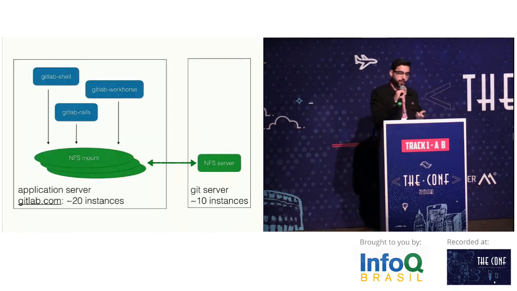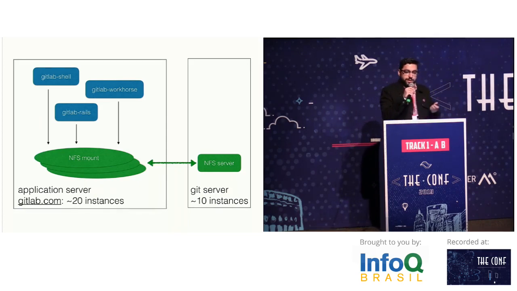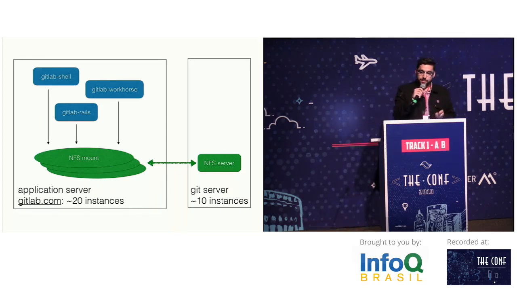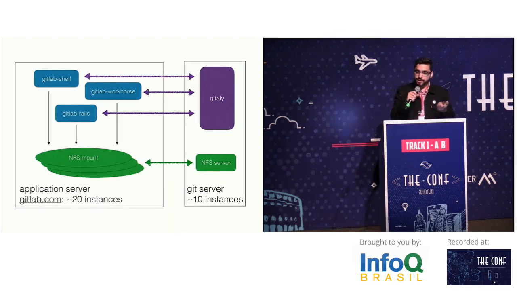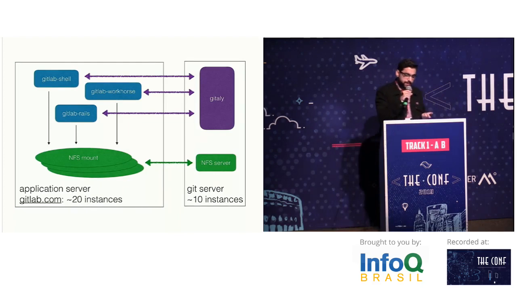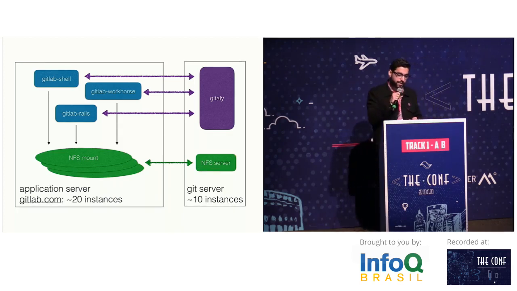So going back a little bit, that's the first iteration of the scaling. We would access these NFS mounts directly, and after that we would implement Gitaly in the same server, the Git server. It's nice because we could reuse the repositories in the same server there with NFS.